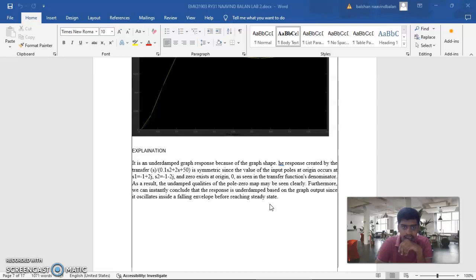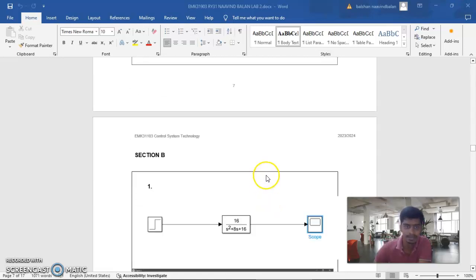As a result, the underdamped quality of the pole-zero map may be seen clearly. I can conclude that the response is underdamped based on the graph output, since it oscillates inside a falling envelope before reaching the steady state.